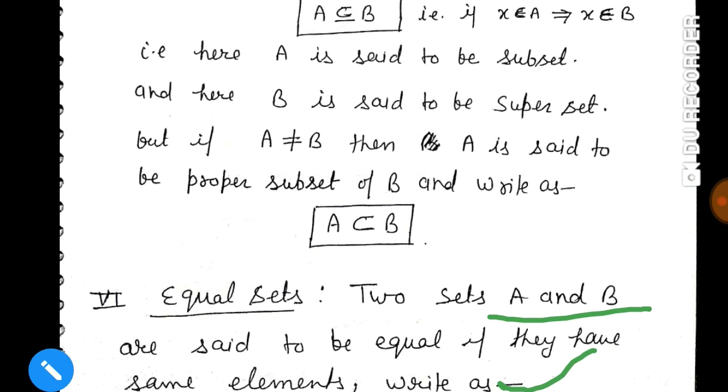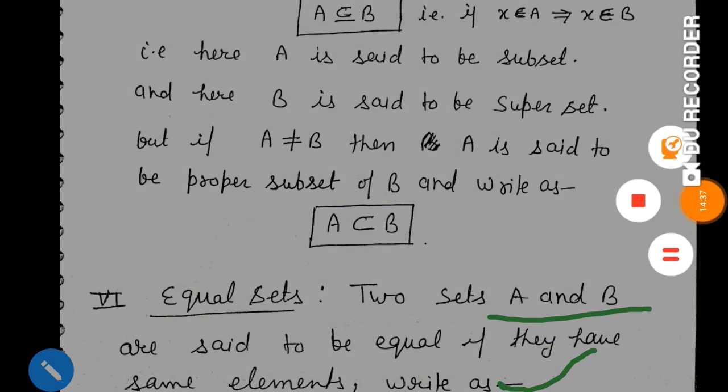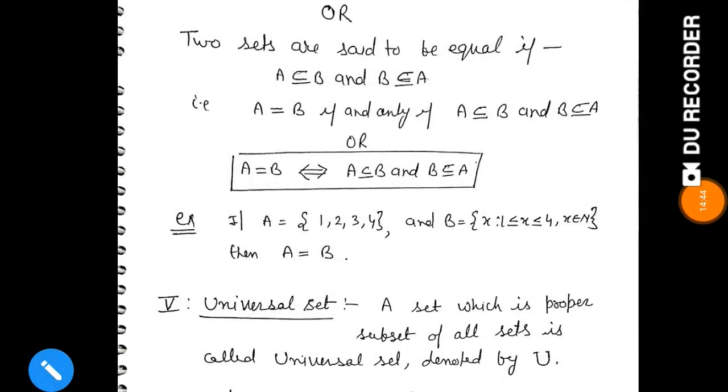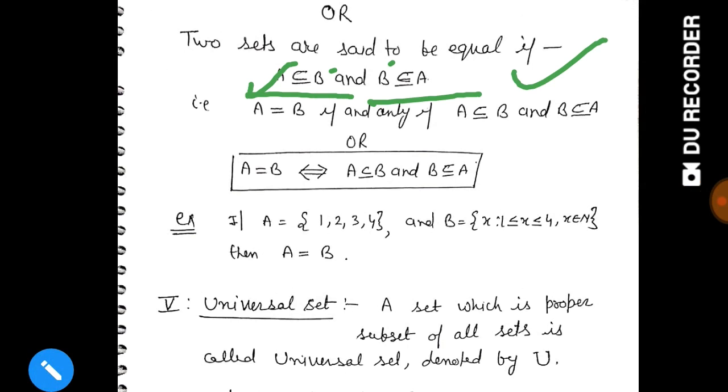That means if they have the same elements, then they are said to be equal, and written as A = B. The definition of equal sets can also be given as: two sets are said to be equal if A is a subset of B and B is a subset of A. That is, all elements of A are in B and all elements of B are in A.